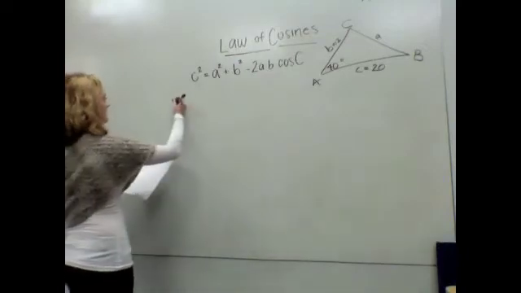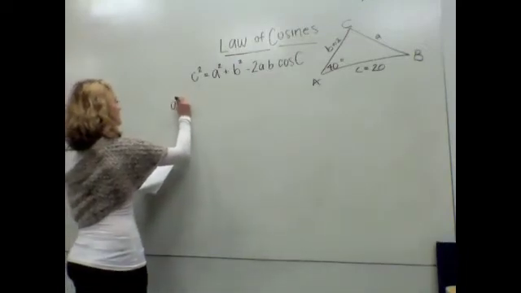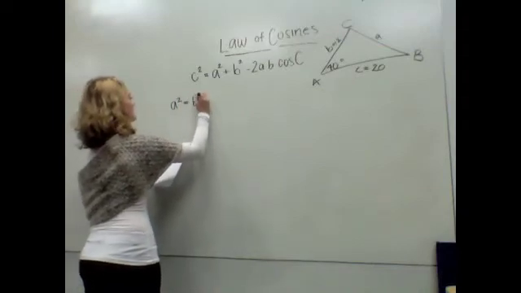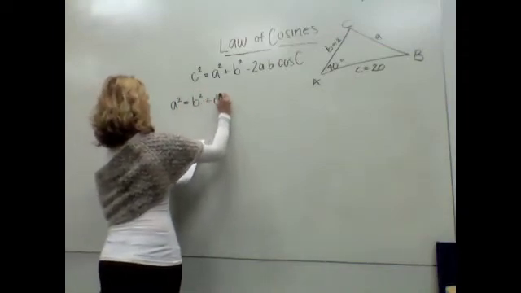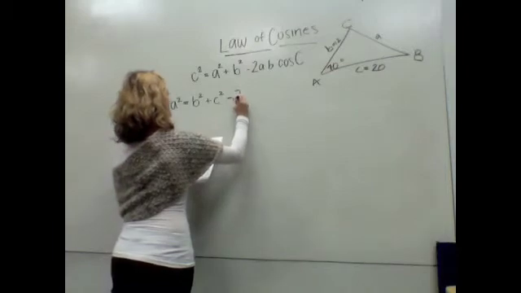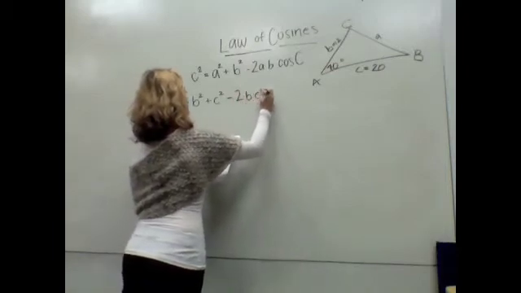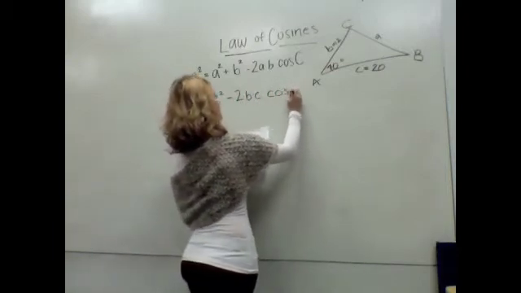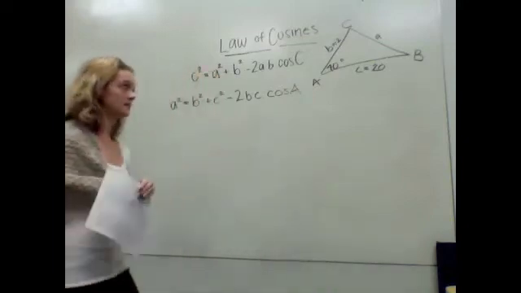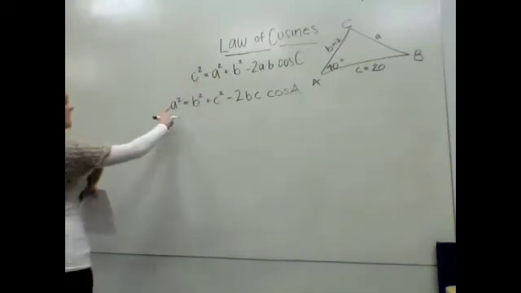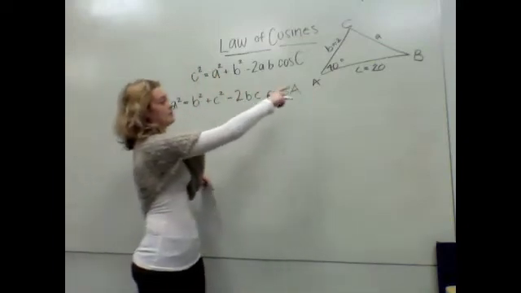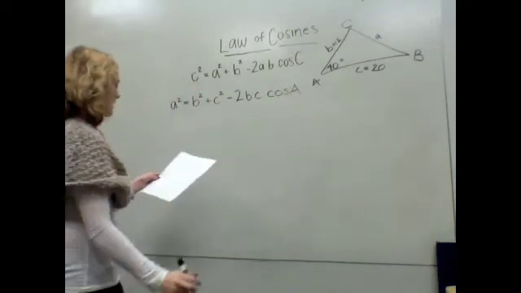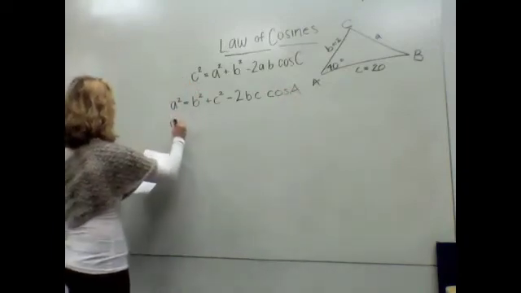So law of cosines, another way of looking at it is A squared equals B squared plus C squared minus 2 times B times C times cosine of A. Now we're using this different version of it because in this case we're solving for side length A and we're given angle A. So we go forth with our work.